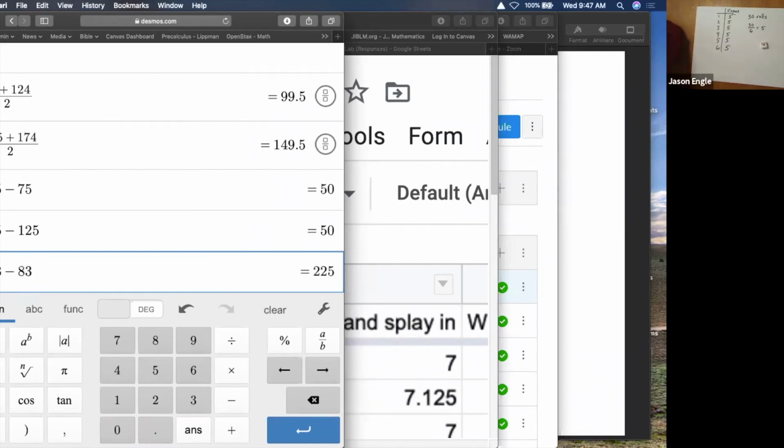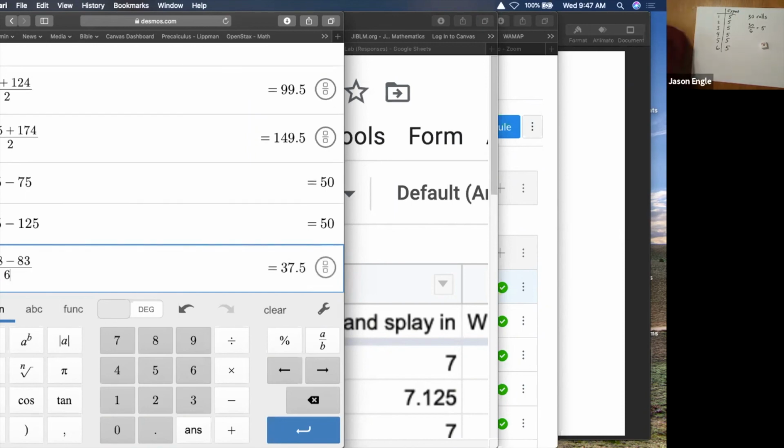So the drive-through service times have a range of 225 seconds, comparing the largest and the smallest service times. But if I want to divide that up into 6 classes, I get 37.5.